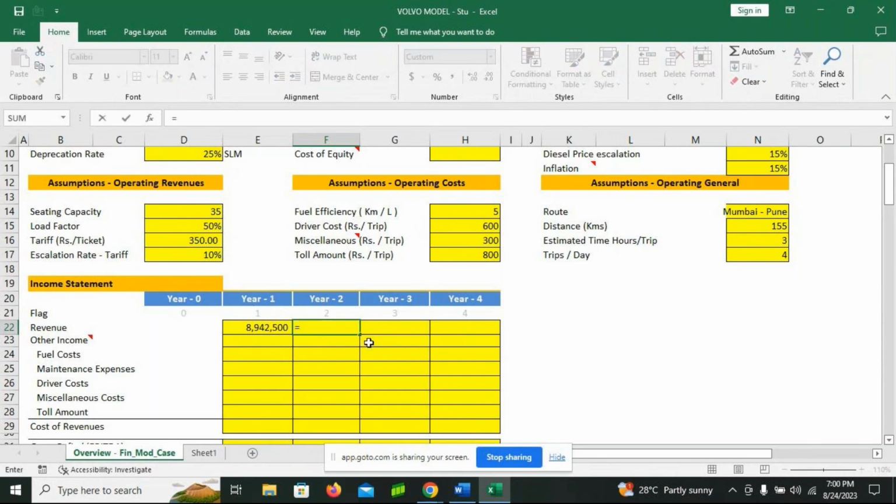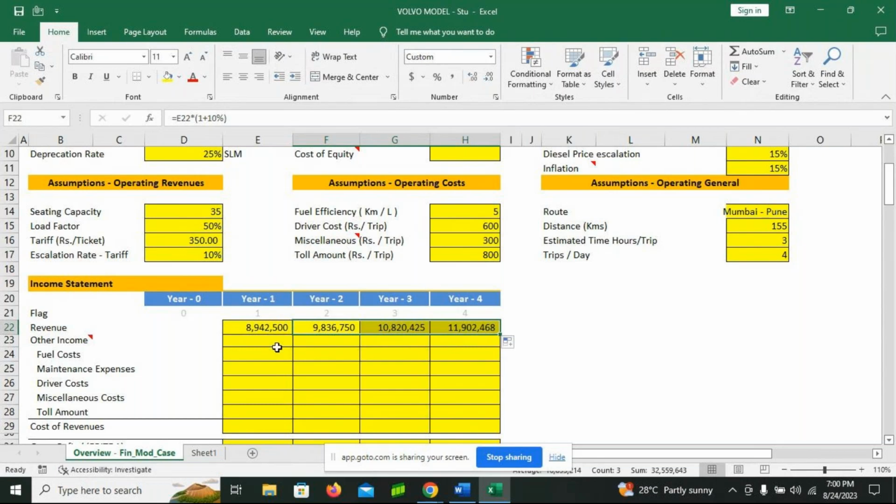So equals, into 1 plus 10%, and I am going to drag it. Other incomes, for that I need to complete my cash flow statement. So for the time being I am going to keep this on hold.